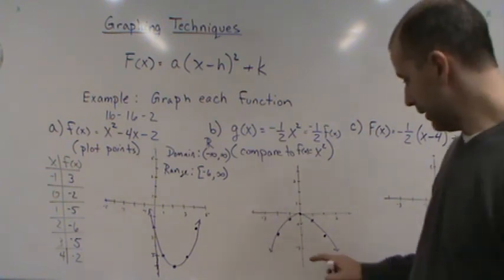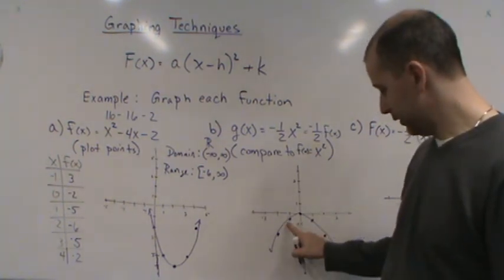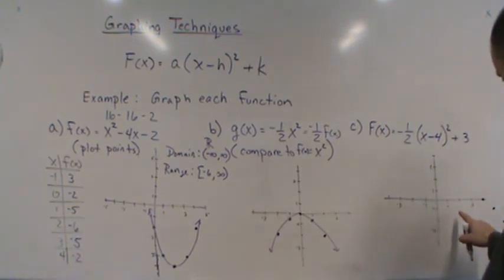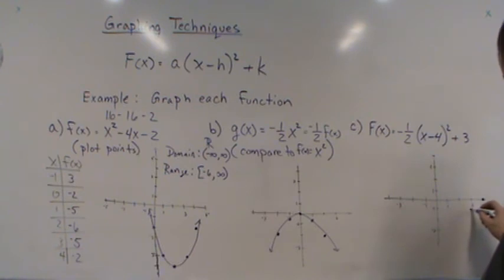Okay. And then this point here is moving from negative 1 to 3. So we're going to move from negative 1 to 3. So it's going to go to here.